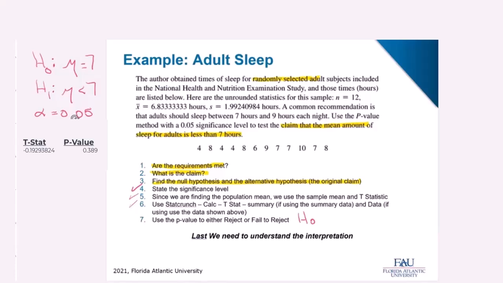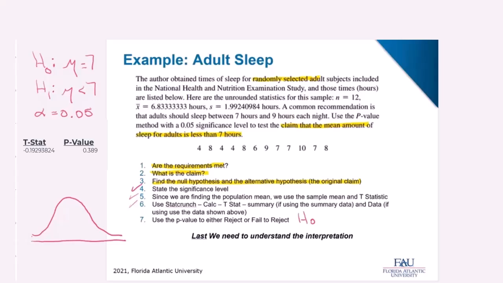Then we use the p-value to either reject or fail to reject, and what we're rejecting or failing to reject is our null hypothesis. Let's look at it on a straight line. My p-value is my probability. First, is this a one-tailed test or a two-tailed test?